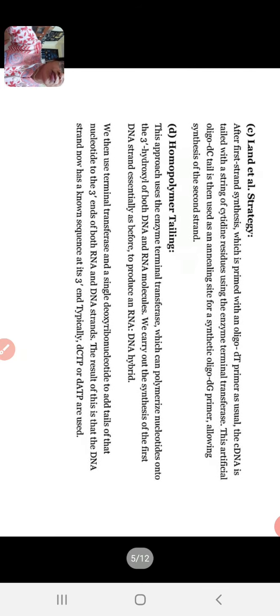Next, homopolymer tailing. This approach uses the enzyme terminal transferase, which can polymerize nucleotides onto the 3' hydroxyl of both DNA and RNA molecules. We carry out the synthesis of the first DNA strand essentially as before to produce an RNA-DNA hybrid.